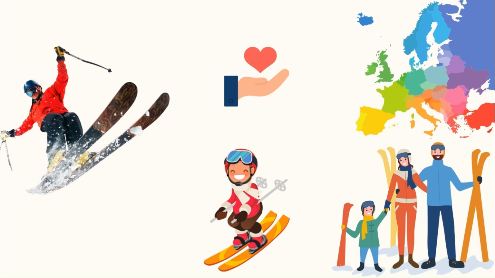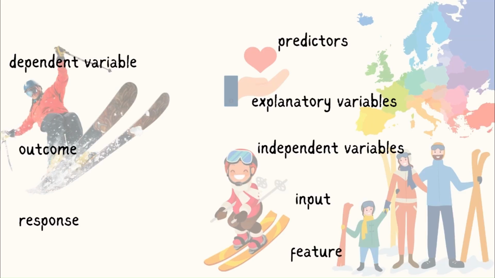My level of skiing depends on certain factors: whether my parents ski or not, my childhood exposure to skiing, the country I come from, or how much I like the cold. The values of the dependent variable depend on the underlying factors. Of course, there are more ways to refer to the same thing. Whenever you see terms like the outcome or the response, just know it means dependent variable. When you see terms such as predictors, explanatory variables, features or inputs, they are all referring to independent variables.